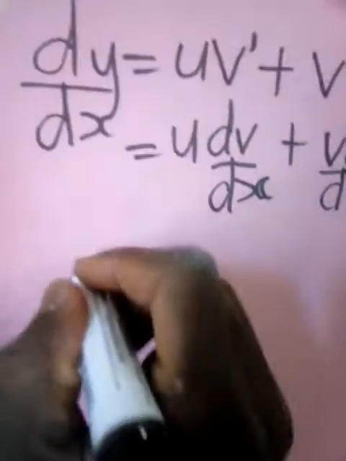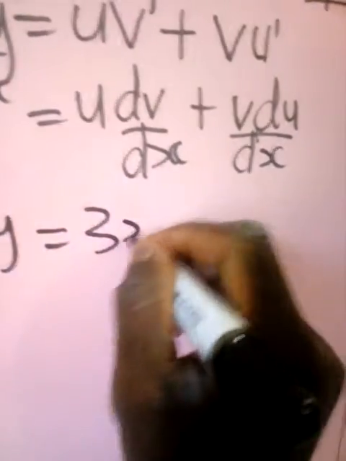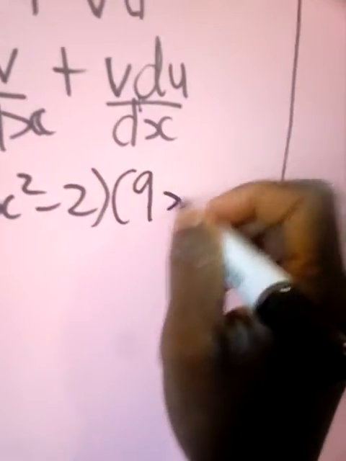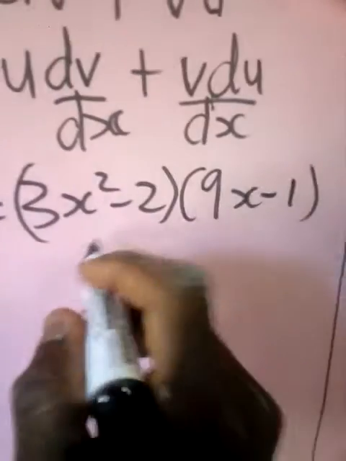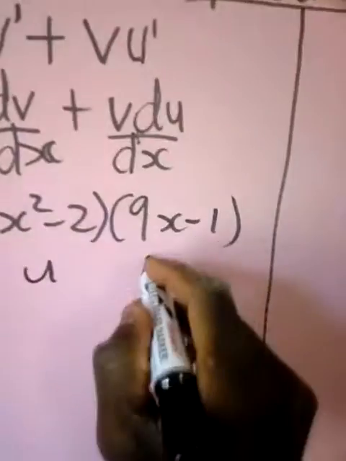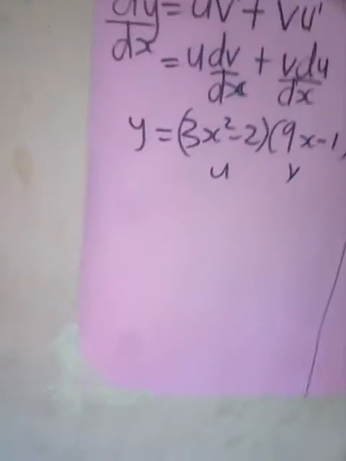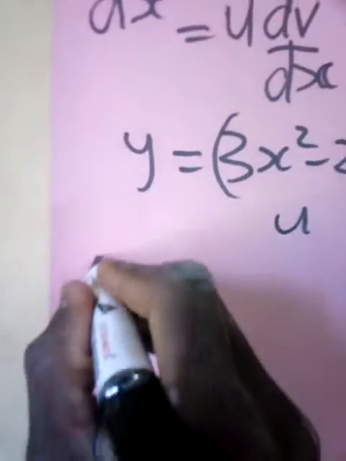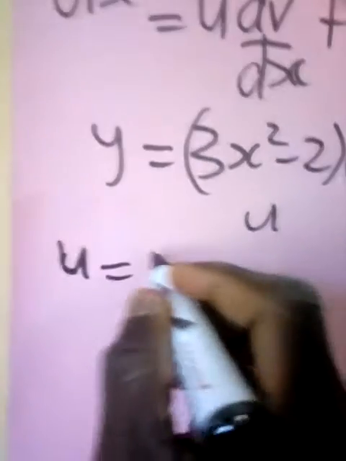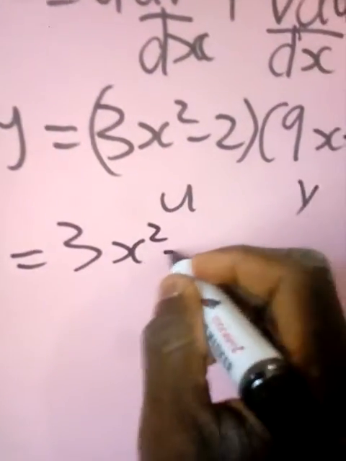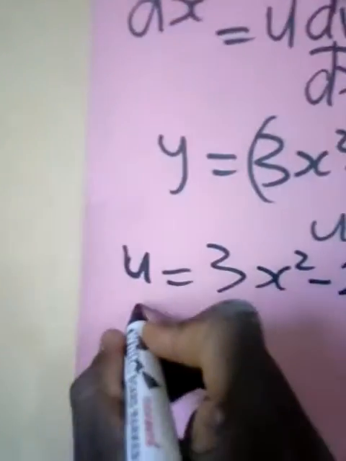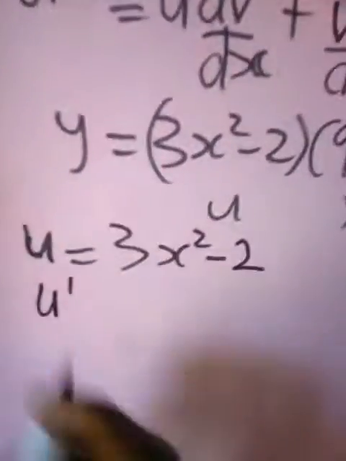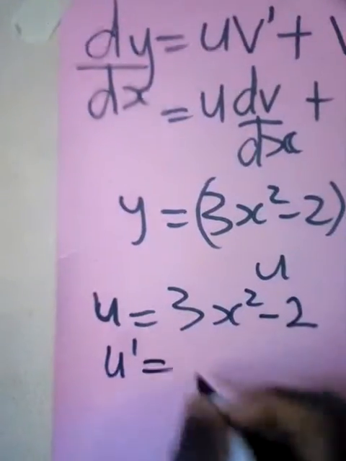Okay, so assuming I'm given y is equal to (3x squared minus 2) and (9x minus 1), I'll call the first one u, I'll call the second one v. So instead of plugging in the formula directly, let me take this slowly. You first of all say u is equal to 3x squared minus 2, then u prime, that's du/dx.